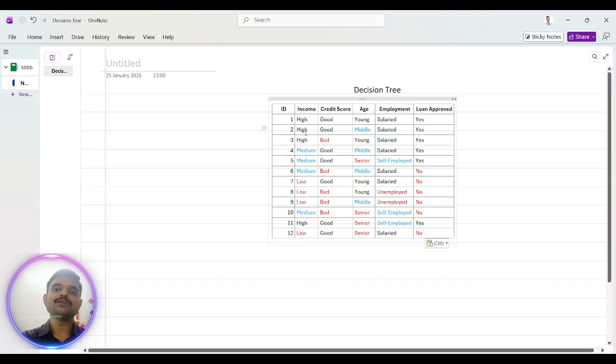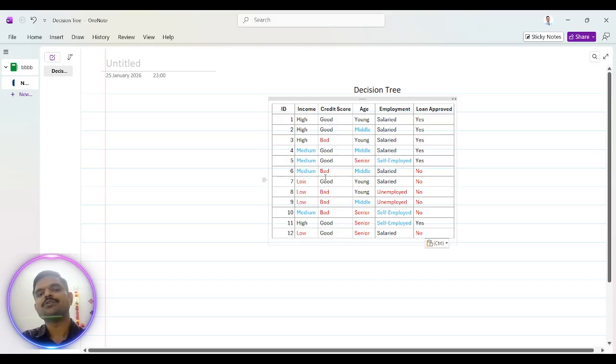Whatever may be the income of that person, we have converted it into some categories. If his income is more than 2 lakh, then it is high. If the income is in a range of 1 to 2 lakh, then it is medium. If it is less than 1 lakh, then it is low. So we have converted the numerical factors into categorical factors.